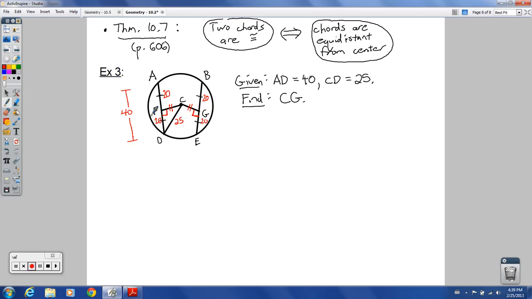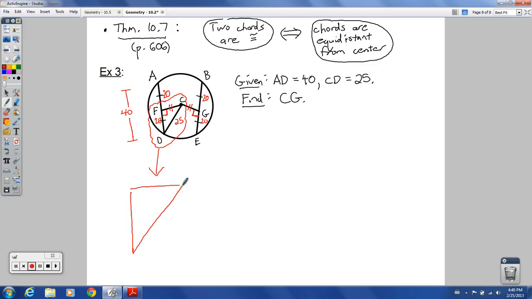So we can focus on this part of the triangle, and I'm going to redraw that part of the triangle. I'll circle this part here in a different color. We're going to redraw that down here a little bit bigger.